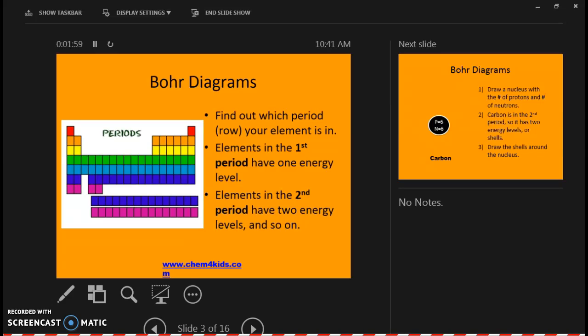All right, so when you're looking at the periods, the elements in the first period, so that would be the top 2, hydrogen and helium, have 1 energy level. Elements in the second period have 2 energy levels, and so on, okay? The third would have 3, the fourth would have 4. All right, so we got that.